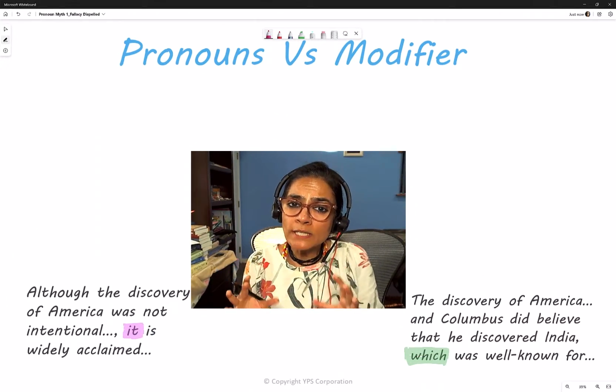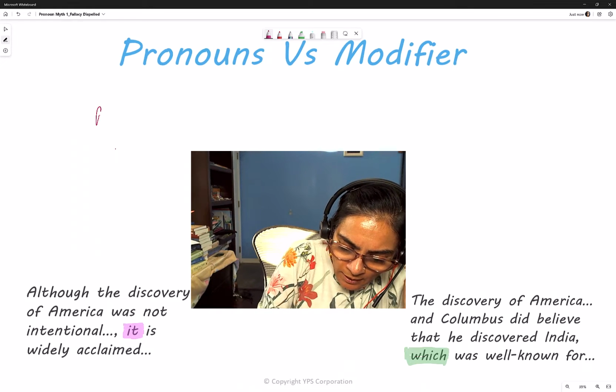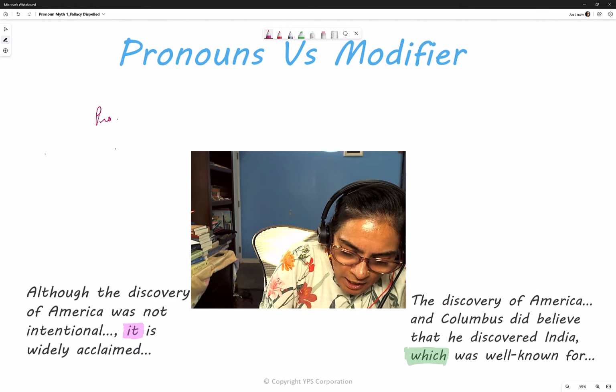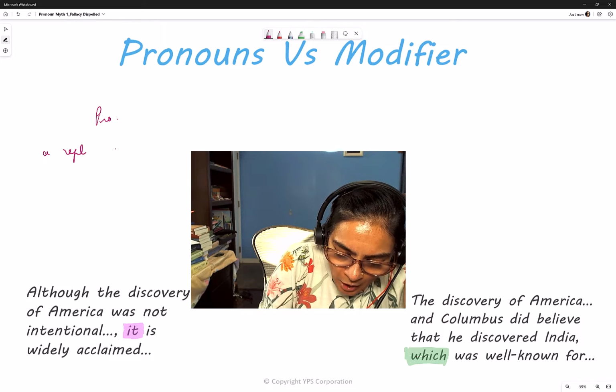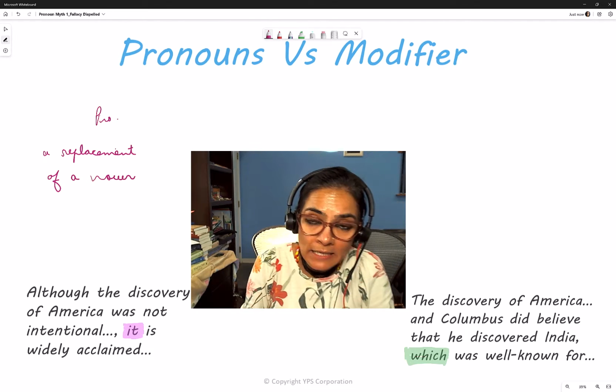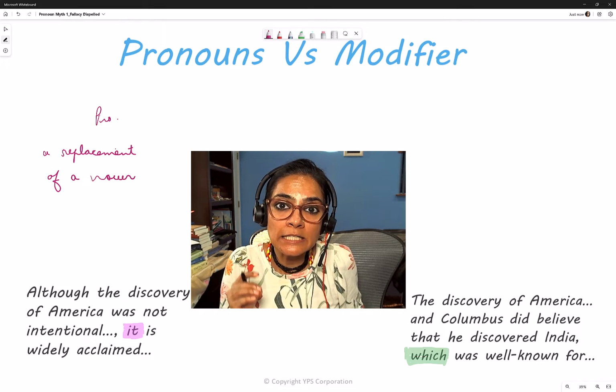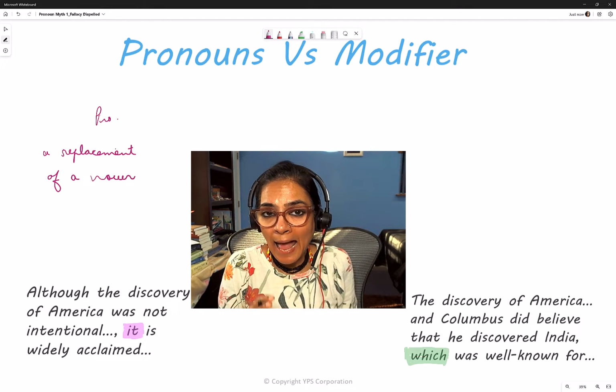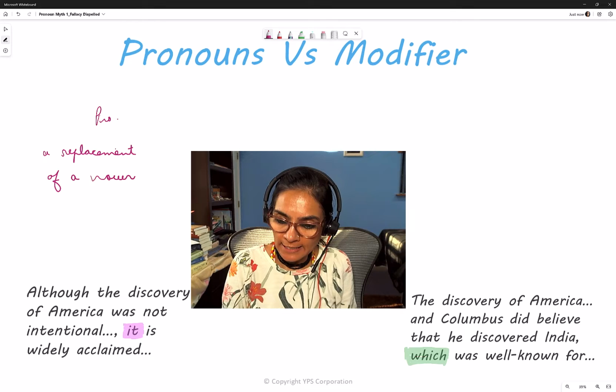Let's understand this crucial difference. So what's a pronoun? A pronoun is a replacement of a noun in a sentence. And so it can be placed anywhere in the sentence adhering to the context and the logic of the sentence.